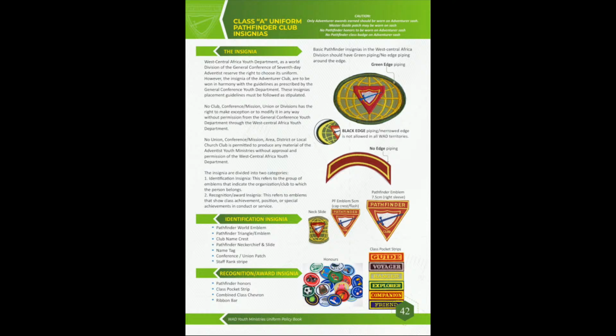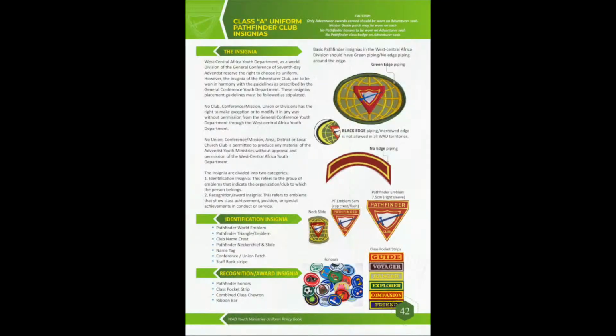On the neck, you need to have a scarf holder, which has your emblem. If you are Pathfinder, you need to have the Pathfinder emblem in it. But sometimes we don't have it, right? So we can use some knots for the scarf.